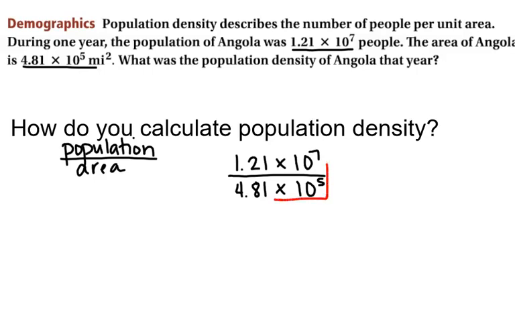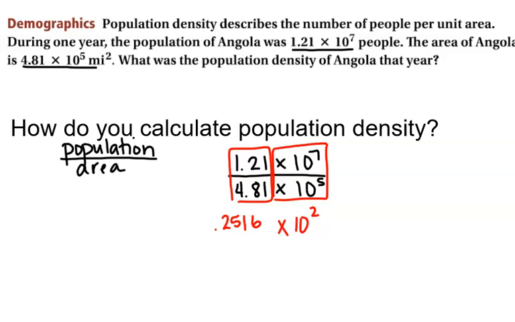We can start with the times 10, because that's not going to be too difficult. We would keep the times 10. 7 minus 5 is 2. Where you might need a calculator is now dividing out these two numbers. So 1.21 divided by 4.81, and you get a really long decimal. So let's go out 3 or 4 decimal places. So I'm going to do 0.2516.